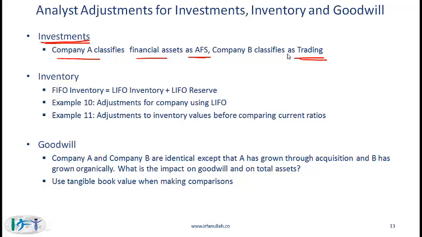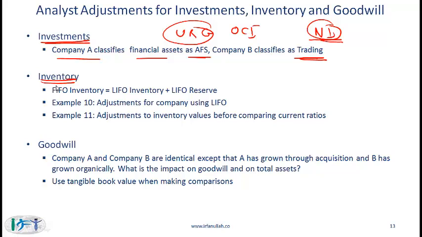If you remember the reading on balance sheets, you will recall that any unrealized gain is shown as other comprehensive income if the financial asset is classified as AFS. The unrealized gain is shown as income in the income statement if the asset is classified as trading. This means that the net income numbers will be different for the two companies. And if we are comparing the two companies, then an adjustment is necessary.